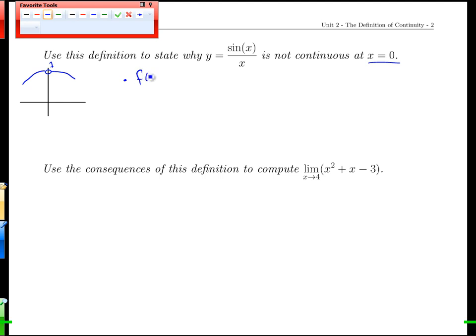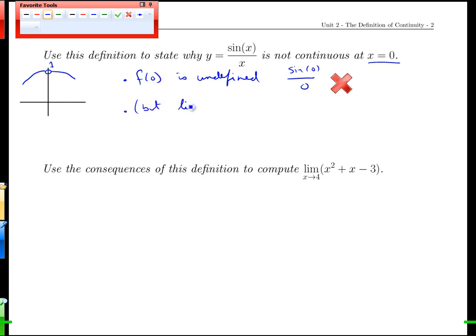Why not? Because f of 0 is undefined. We can't plug in 0 into this formula and get a number back. That's why we had the open hole in our graph. And so right away we've lost that first condition required for continuity. The function is not defined.